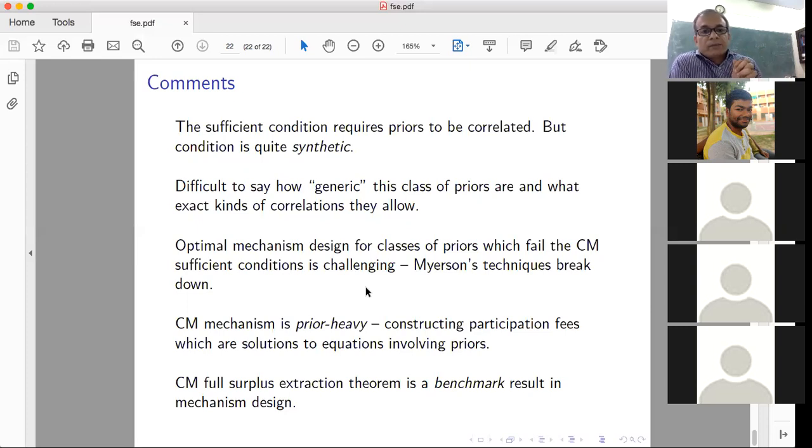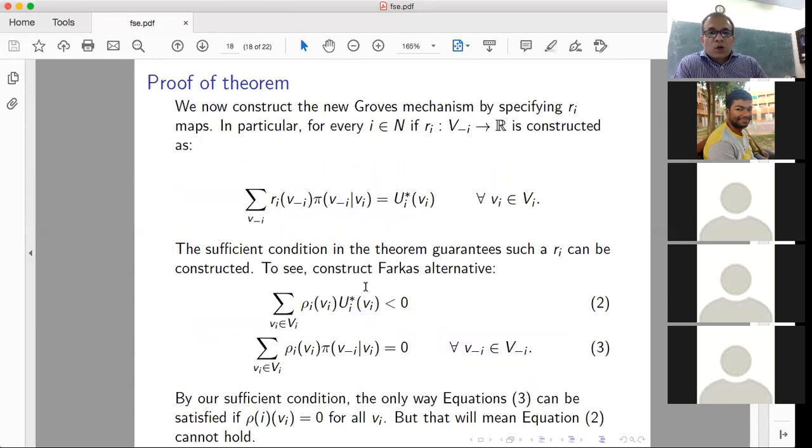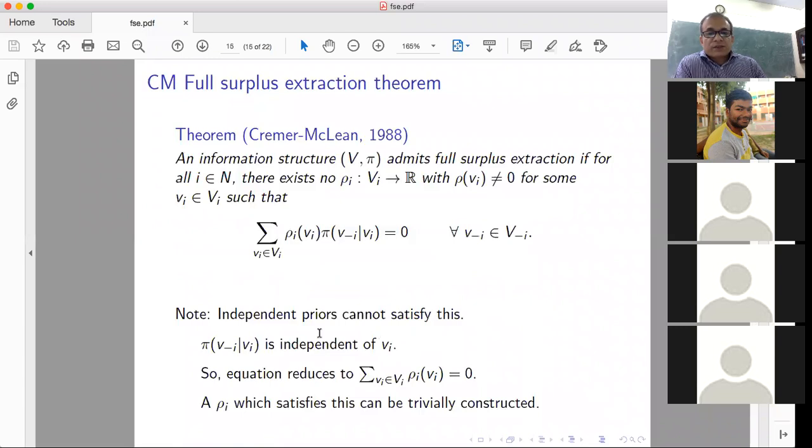And there is a huge literature now in economic theory on the set of priors. So think of all possible priors. The question is how large is the class of priors which can satisfy this equation 3, or this sufficient condition.